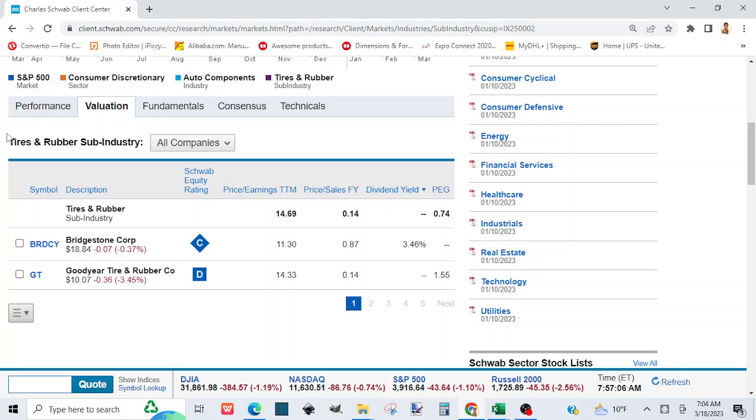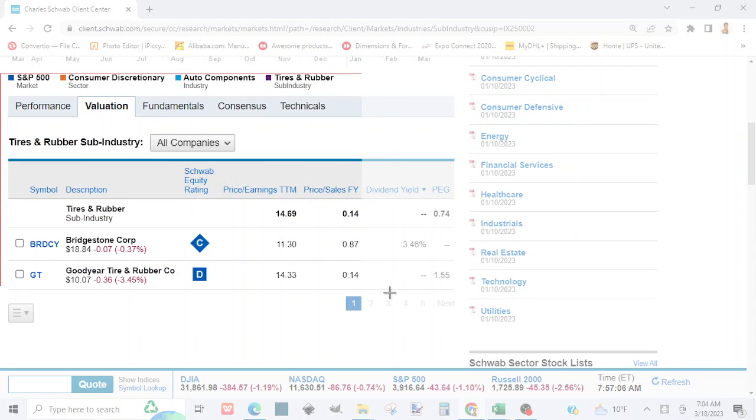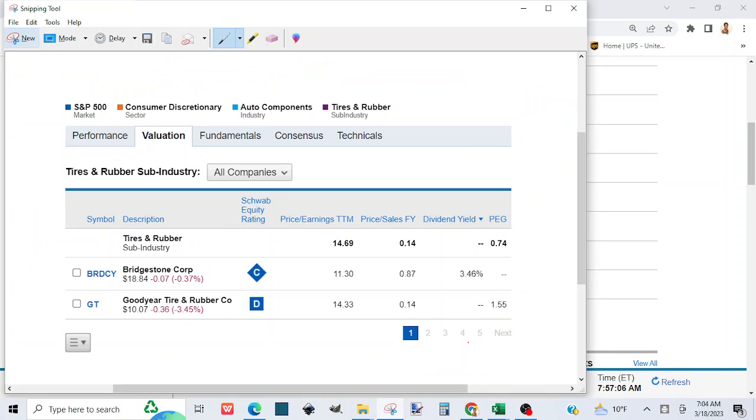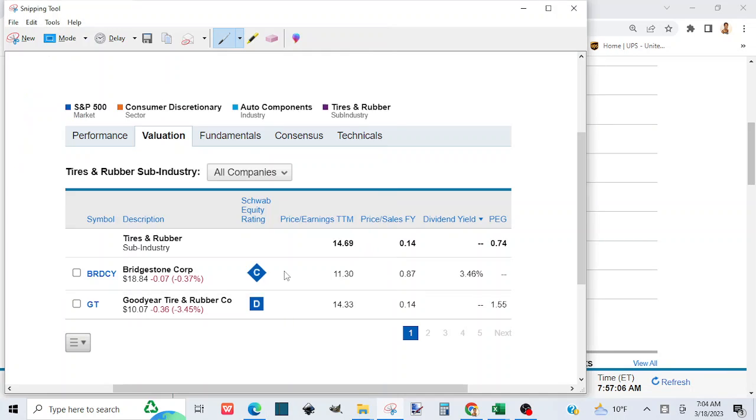So if you are okay investing in a dividend stock that pays 3.46% a year, then you can note it down in your spreadsheet. If you think 3.46% a year is not good for you, then you don't.